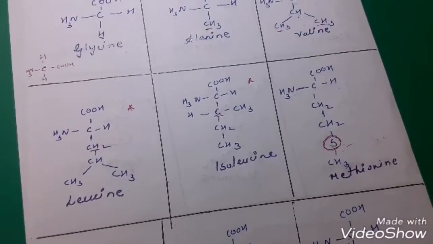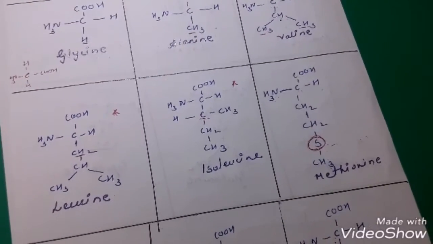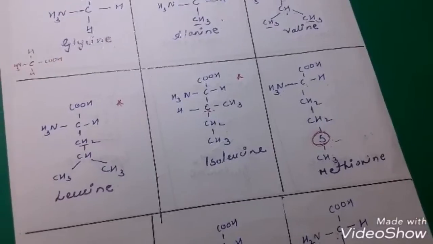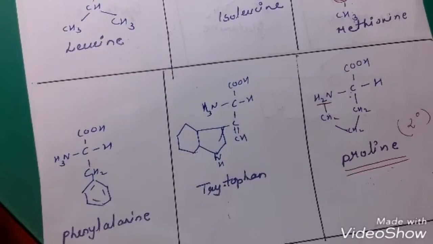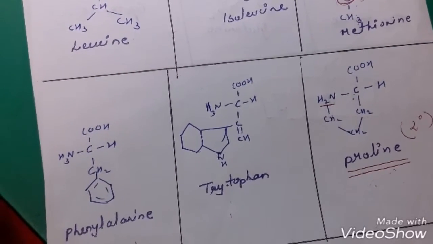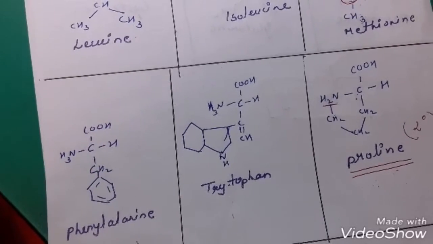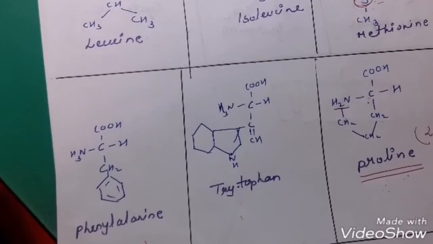Next we saw leucine, isoleucine, methionine, which has a sulfur group in it. It works as a sulfur group donor. And more, we saw phenylalanine, tryptophan, proline. So phenylalanine and tryptophan are aromatic. They contain aromatic side chains.